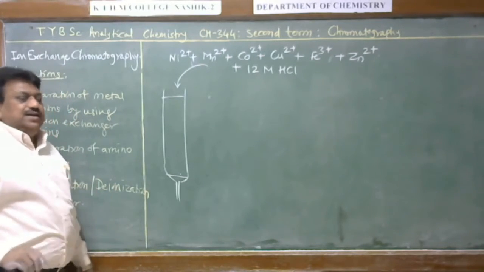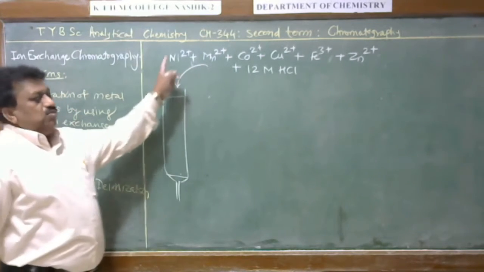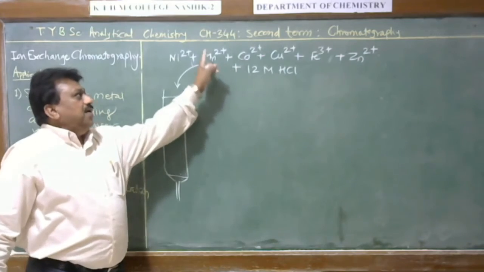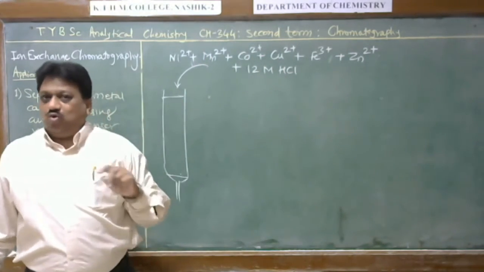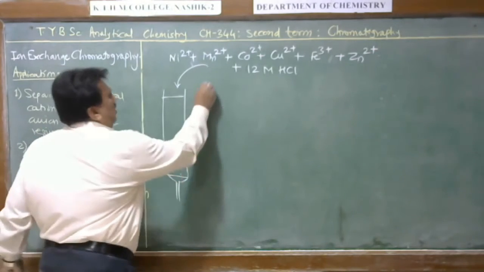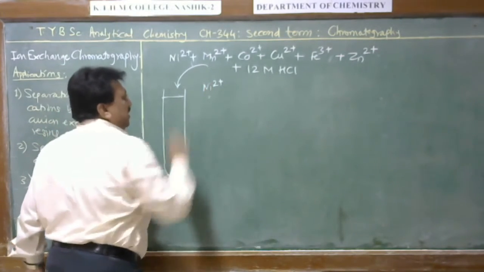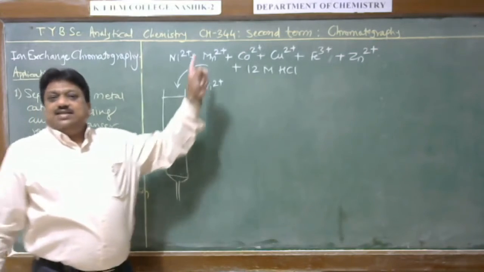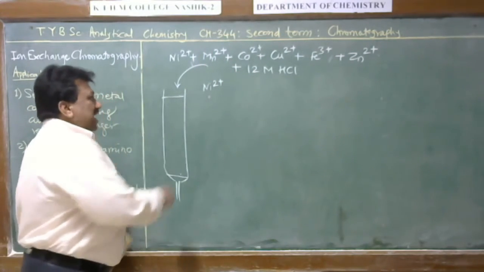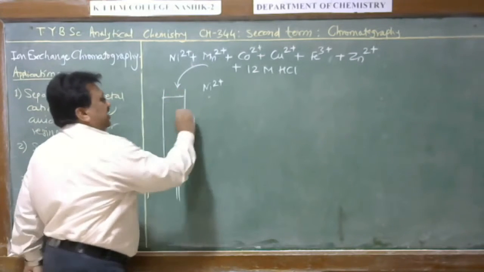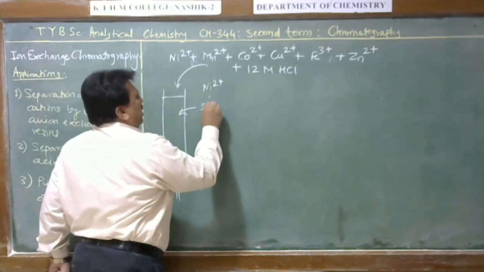As we know, at this 12 molar HCl concentration, all other metal ions except nickel form the chloro complex. Therefore, nickel remains as nickel 2 plus, while all other ions are converted into their chloro complexes.